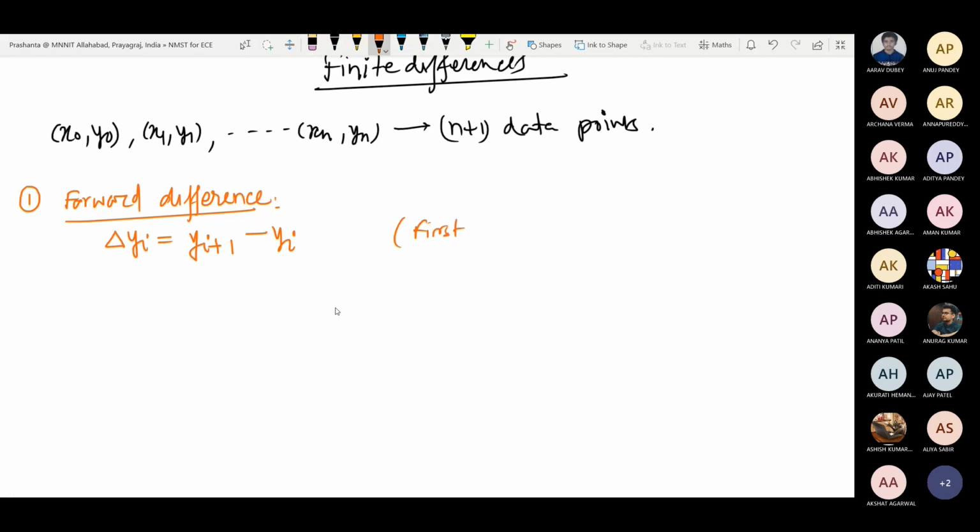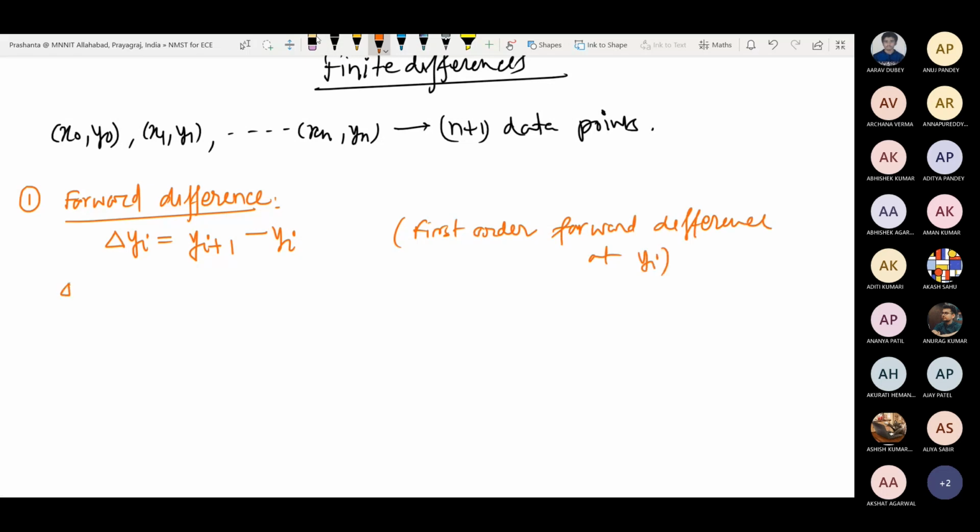First, because the order is 1 here. If the order is 1, nothing will be mentioned, nothing will be written. So this is called first order forward difference at yi.